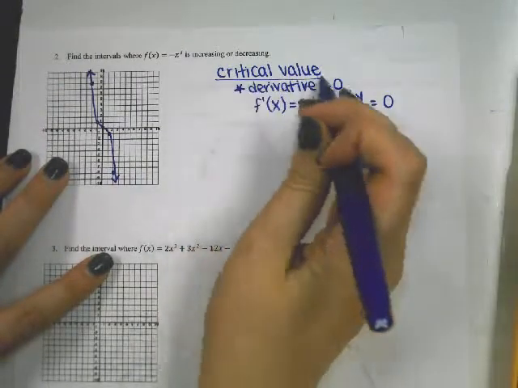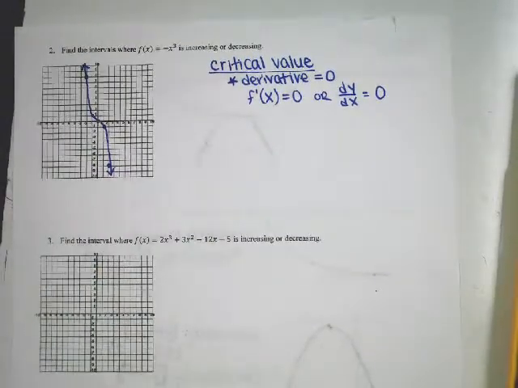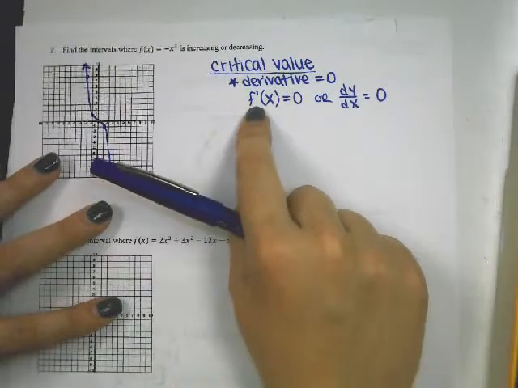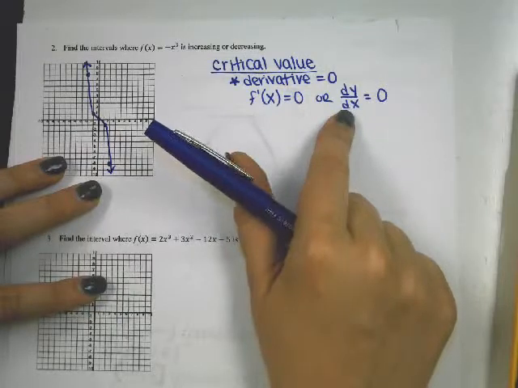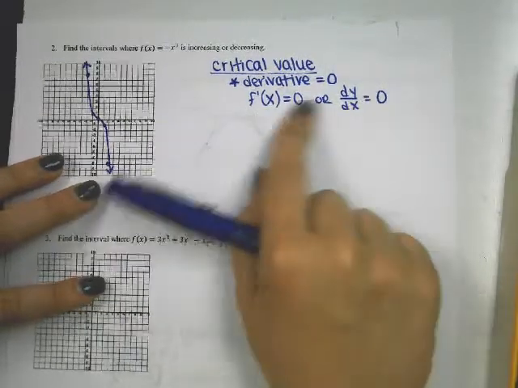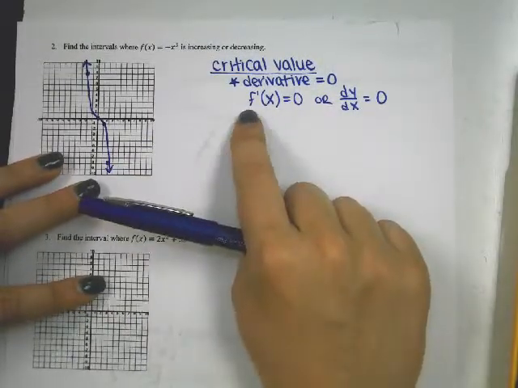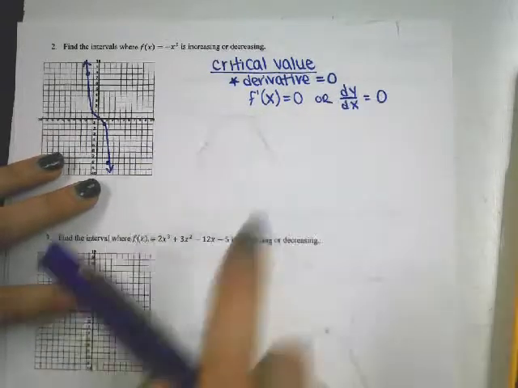That is where a critical value occurs. It's where our derivative is equal to 0. This is just our function notation for derivative. F prime of x is equal to 0, or dy over dx equals 0. Okay, those mean the same thing. This is function notation. This is y equals notation.